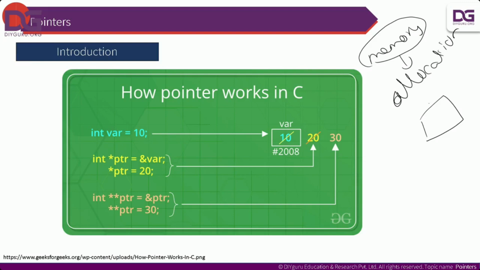If I know this address, I can have a set of addresses, and that address holds this variable, and this address has the pointer. Every time I need to access that variable, I can use the pointer, which has the address of this variable. So that is the usage of your pointer.